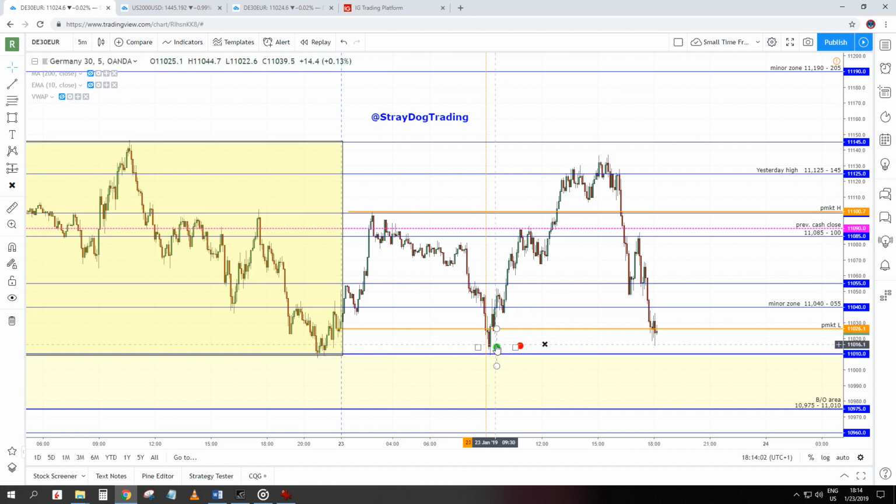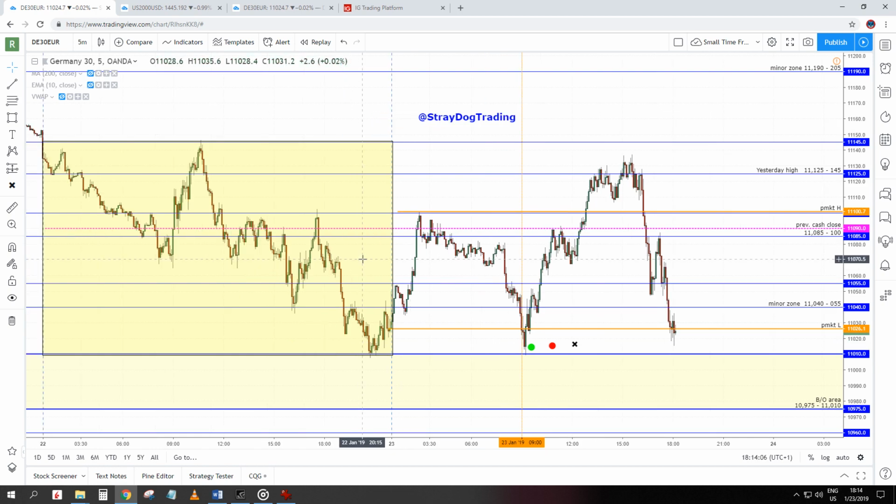So this here is a long, and exits should really be thinking like market is going to fill a gap.